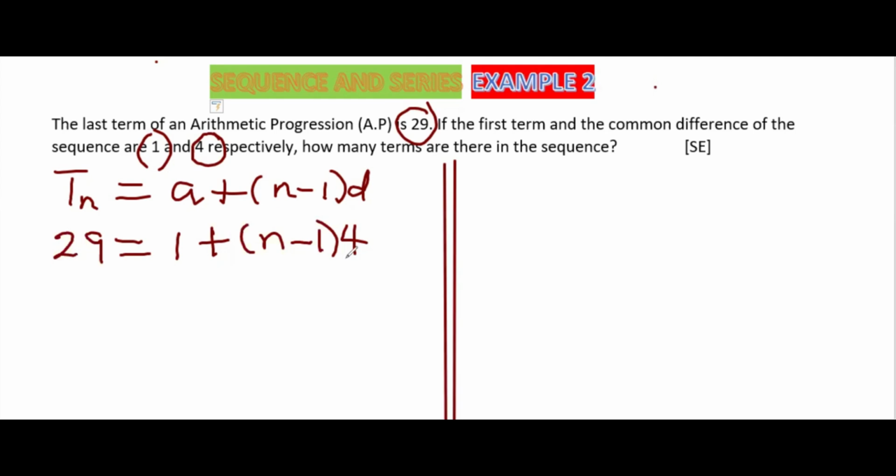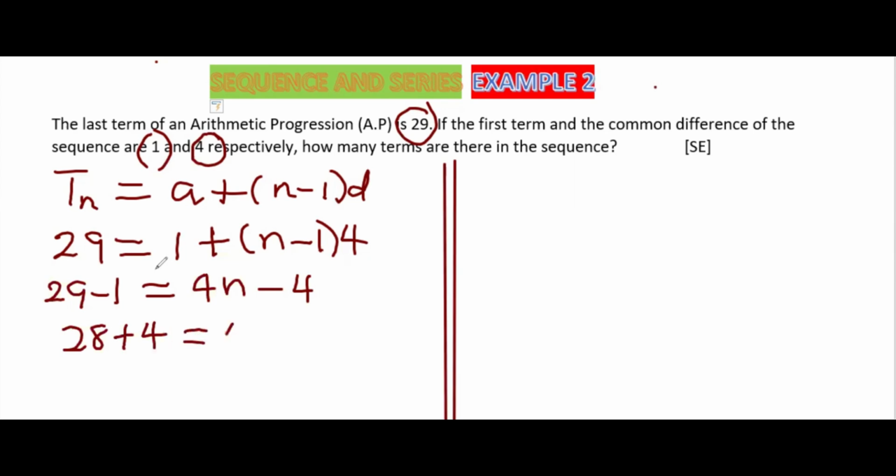So I want to move this 1 to the other side. I have 29 minus 1 equals, I will now open this bracket, 4 times n, that is 4n minus 4. Then I also move this to the other side. 29 minus 1 is 28 already. Moving this negative 4 to the other side, it becomes positive 4.